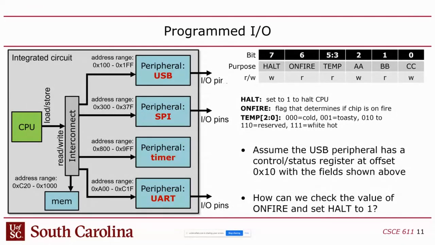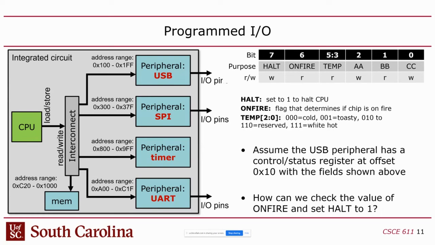Some of these fields are meant to be read and some are meant to be written, and that's denoted in the third row of the table in the upper right-hand corner. So we've got some bits and bit ranges, some fields that are write only and some that are read only. And I just made this up. This is totally arbitrary.